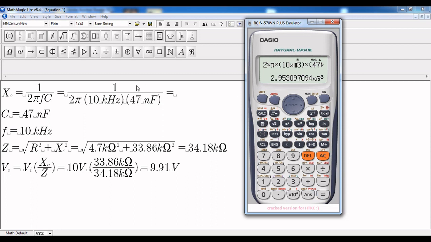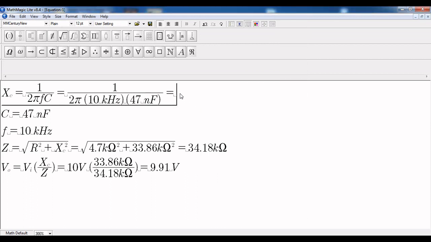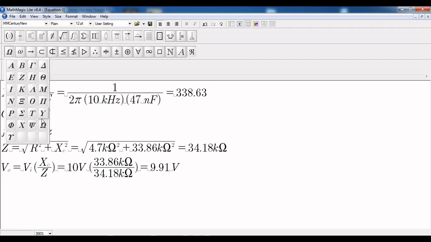And then, because that's just a denominator, let's compute the capacitive reactance by doing the reciprocal. So that would be 338.63 ohms.